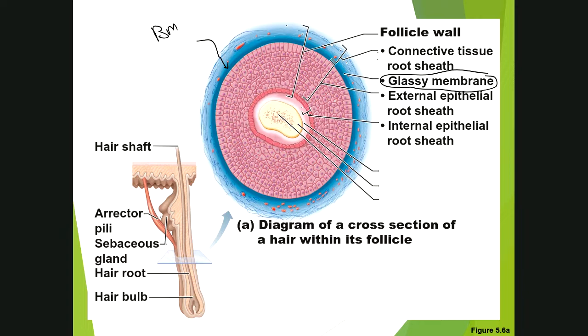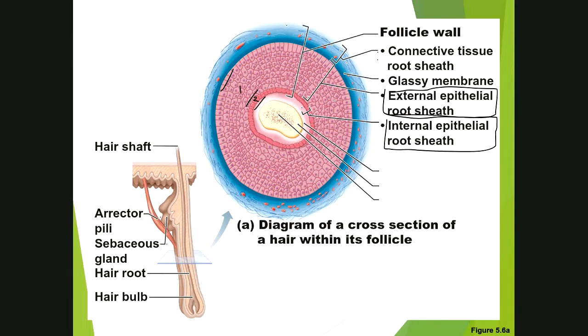So we have the connective tissue sheath. That's this right here. And then we have the glassy membrane. That's that right there. And then we have 2 layers of epithelial tissue. This one and this one. So we have an external epithelial root sheath and an internal epithelial root sheath.